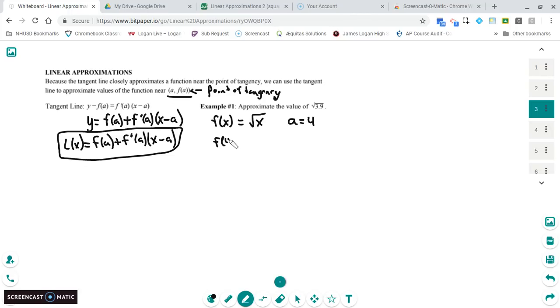So first off, f of 4 is the value of 2, and f prime of 4, we did that, was 1 over 2 times the square root of 4. Remember that? All right, so that's 1/4. And then we got a tangent line approximation.